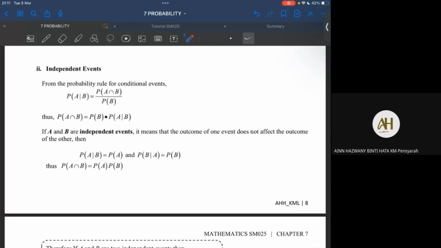It means that the outcome of one event does not affect the outcome of the other. Okay, contohnya saya ada event A, contohnya teachers, male, man, who have blue eyes.